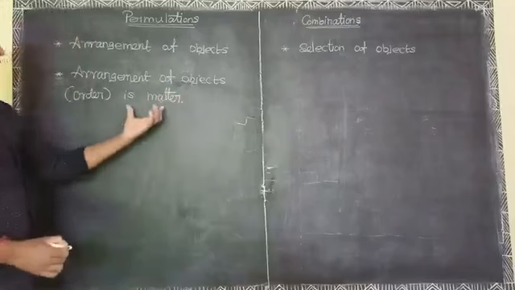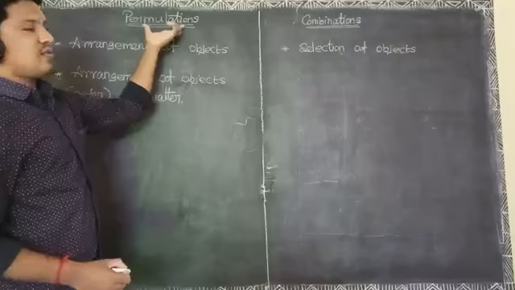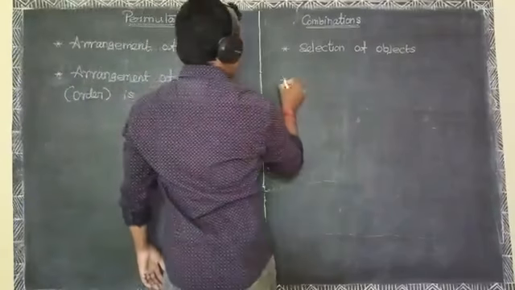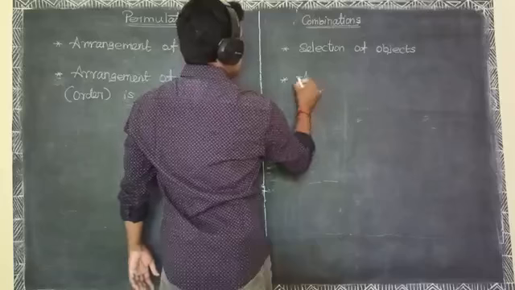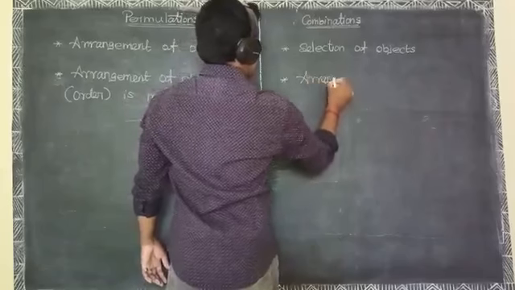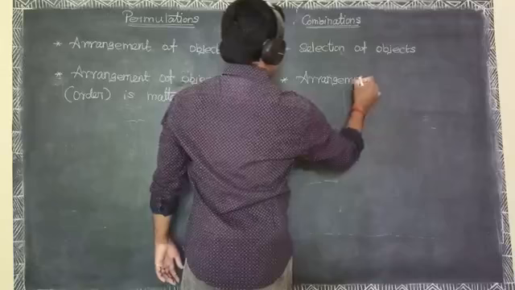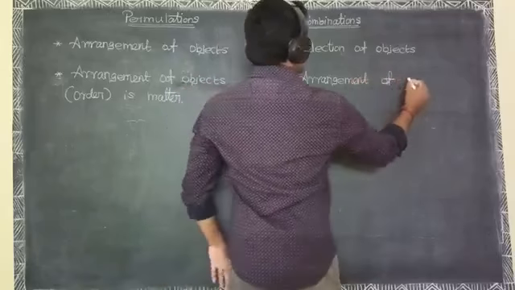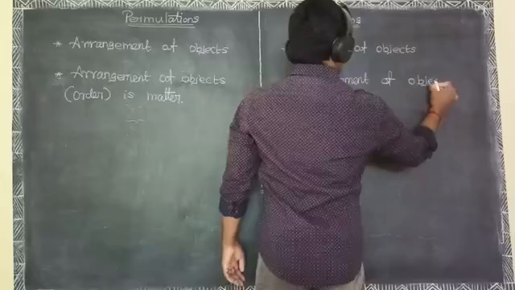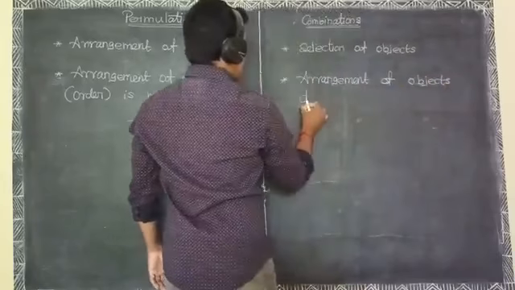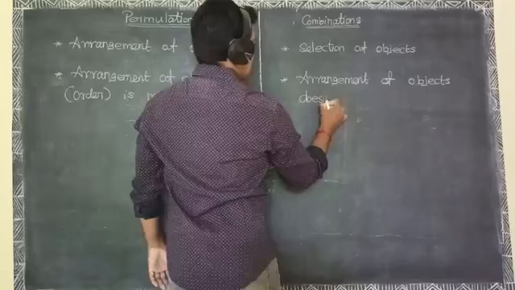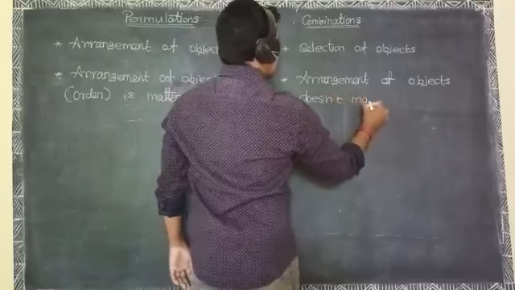Matter means it is considered in permutations. In combinations, arrangement of objects does not matter.